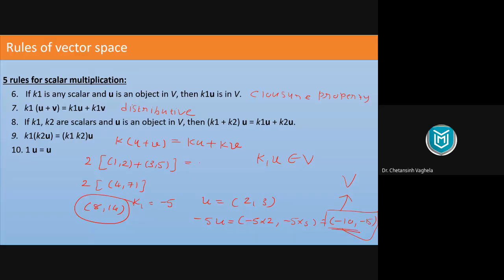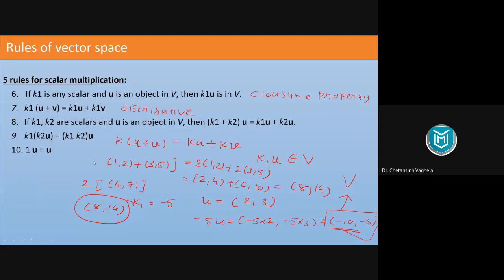That means 2 into U is 1 comma 2 plus 2 into 3 comma 5. So now it is 2 comma 4 plus 6 comma 10. Now if I add these two vectors, again it is 6 plus 2 8, 10 plus 4 14. So in my left hand side also my answer is 8 comma 14, and my right hand side is also giving me 8 comma 14, right? So this property is called distributive law. That means you can apply scalar k separately to both the objects. K times U plus V is equal to k times U plus k times V, right? This is called distributive law.